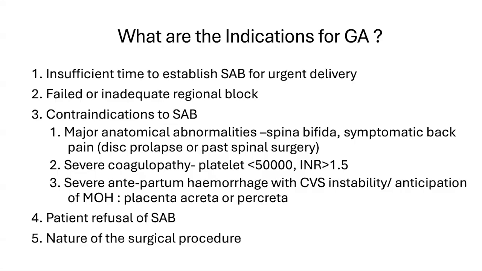Then there are contraindications for subarachnoid block, such as major anatomical abnormalities like spina bifida, symptomatic back pain like disc prolapse with spinal surgeries, severe coagulopathy where the platelet count is less than 50,000 and INR is more than 1.5, severe antepartum hemorrhage or cardiovascular instability, or situations where we can anticipate major hemorrhage such as placenta accreta and percreta.